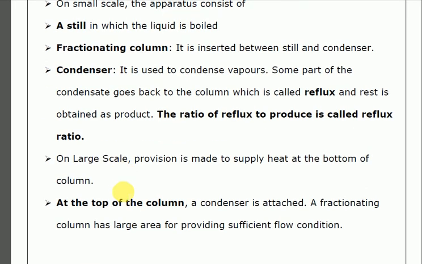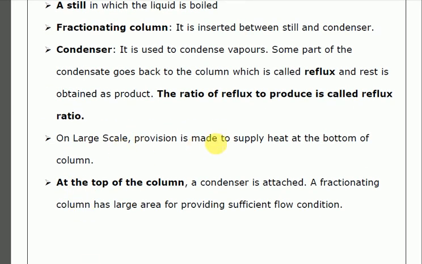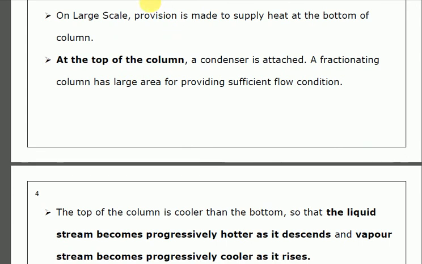Now on the large scale, provision is made to supply heat at the bottom of the column. At the top of the column, a condenser is attached. A fractionating column has a large area for providing sufficient flow conditions.